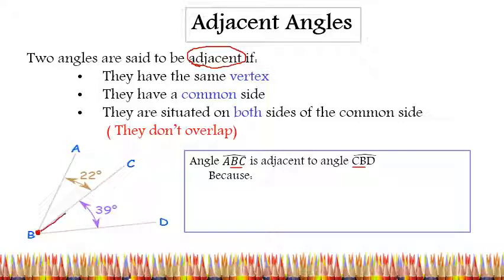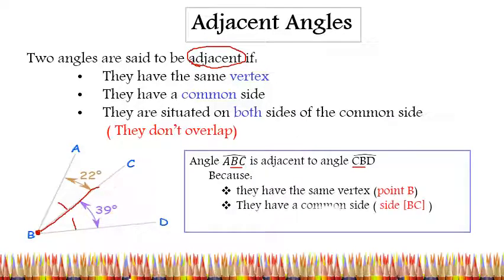Now, they are situated on both sides of that common side, one to the left and one to the right. They have the same vertex, point B, the common side BC, and they are situated on both sides of BC. Then angles ABC and CBD are called adjacent angles.